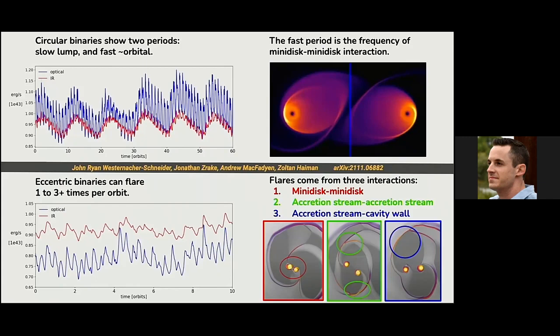So these are three distinct events that correspond to these optical flares that we see in the plot. And you can imagine if you went to even higher Mach, how many distinct shock heating events are occurring. So that's why I say 1 to 3 plus times per orbit.